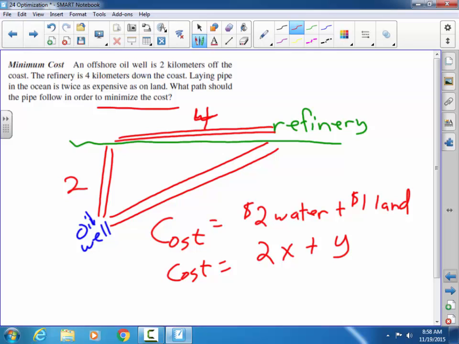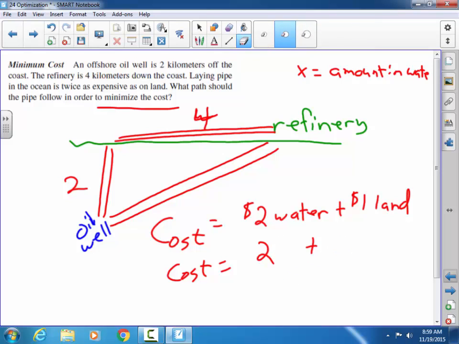Wouldn't it be 2x plus x? Sorry, 2x plus x. Okay, let's go back and read it. Laying pipe in the ocean is twice as expensive as on land. So the x in my problem here is the amount in water. Okay. I'm going to change that because yes, I'm with you there. X is the amount on land.